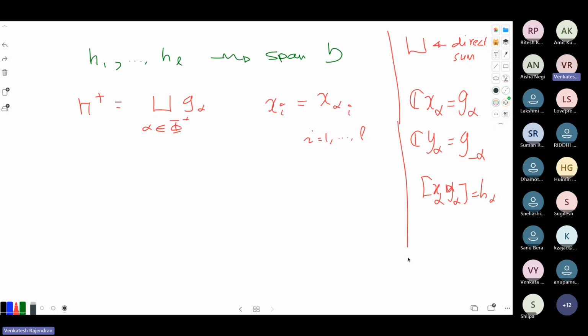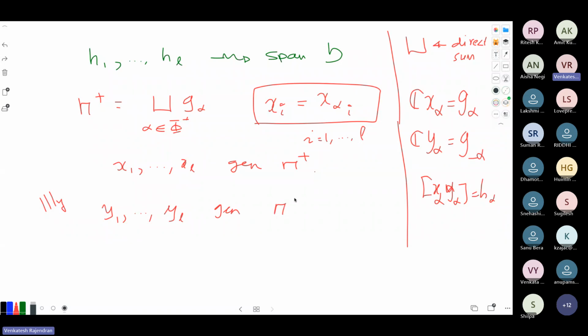So x1 etc. xl generate n plus, and the parallel story is that y1 etc. yl will generate n minus, where yi is just y alpha I.